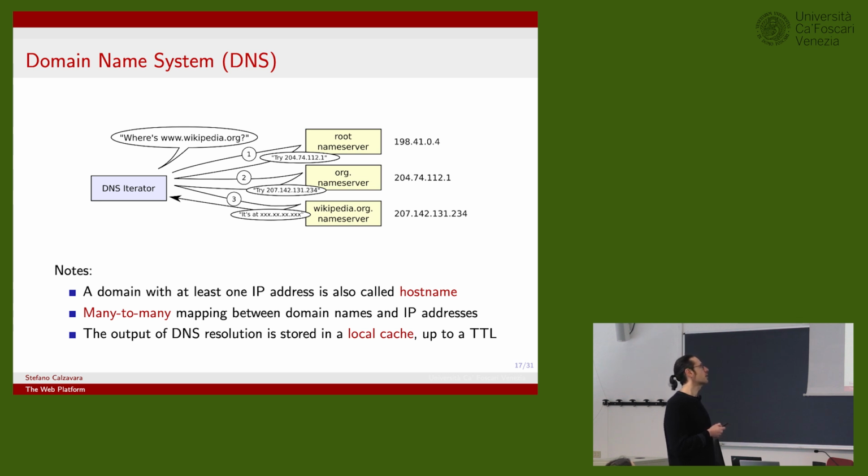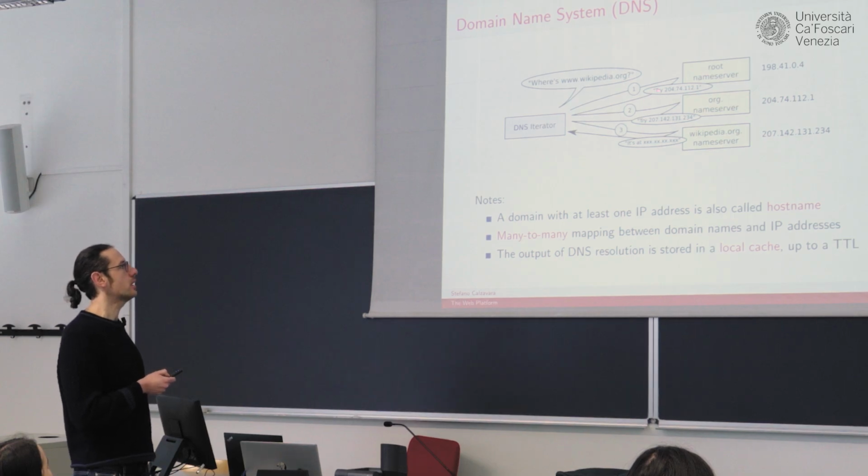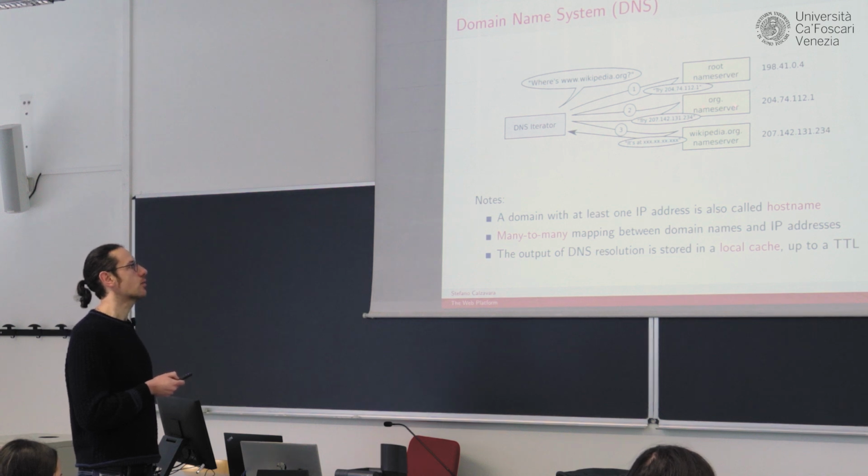In this case, the root name server doesn't know how to resolve this name, but can delegate that to another name server. So the root name server can say, try some other different IP address. So the DNS iterator operates recursively and will ask the query to another name server.